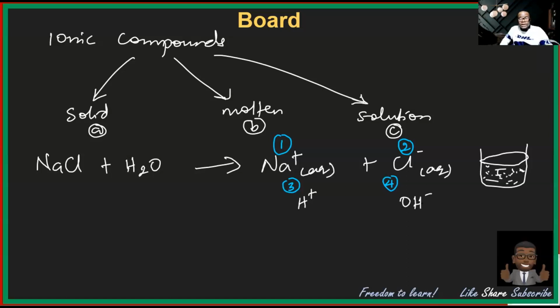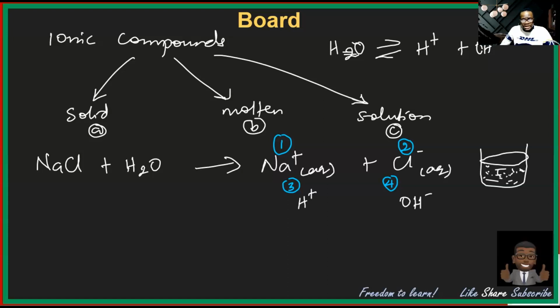The hydroxide ion is from water. So even your water, H2O, can split into hydrogen ion and hydroxide ion. Even though water is a covalent compound, it is one of those compounds of intermediate character. They behave somewhat like ionic compounds in nature, but they are covalent.